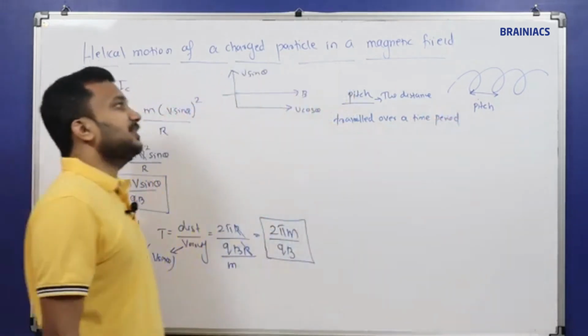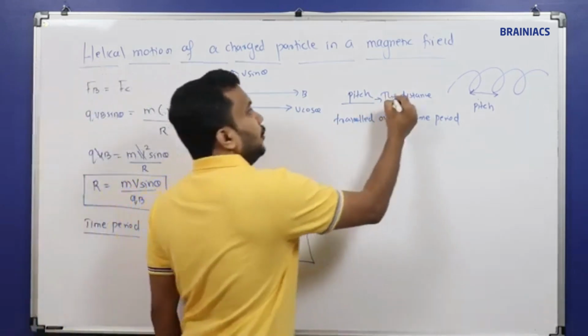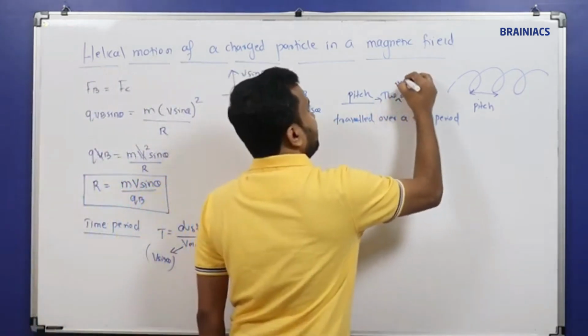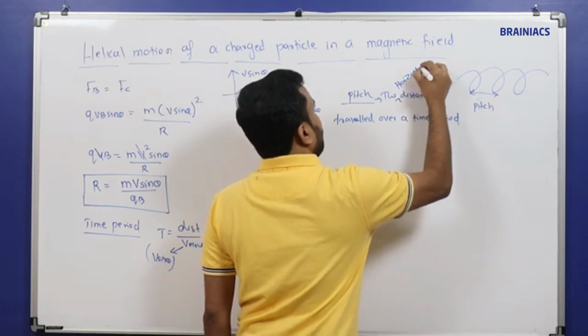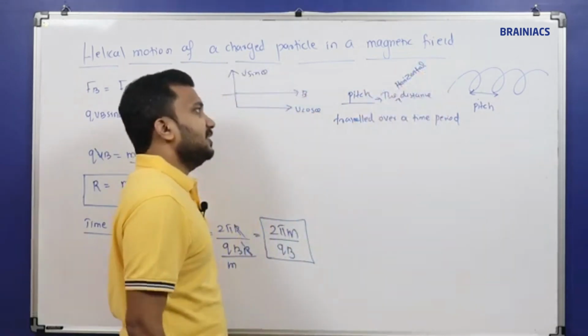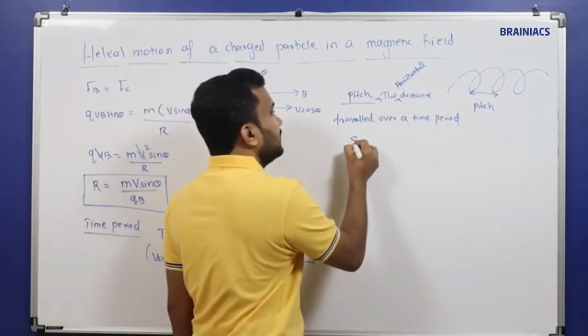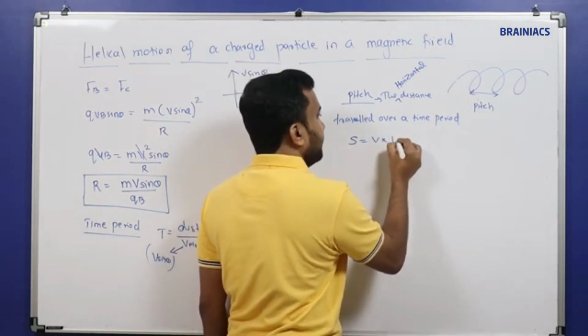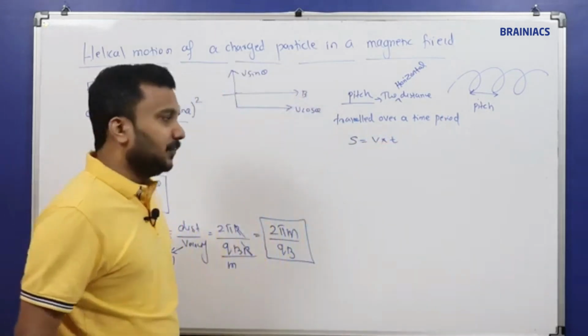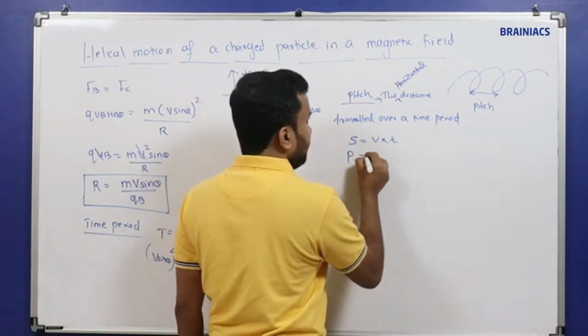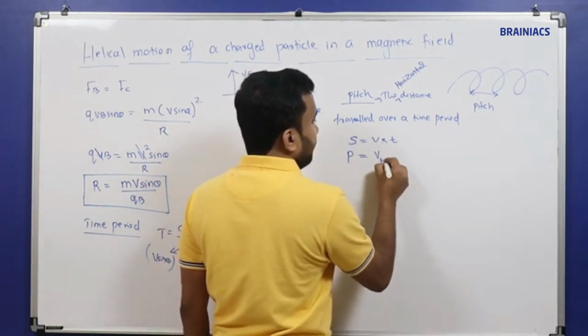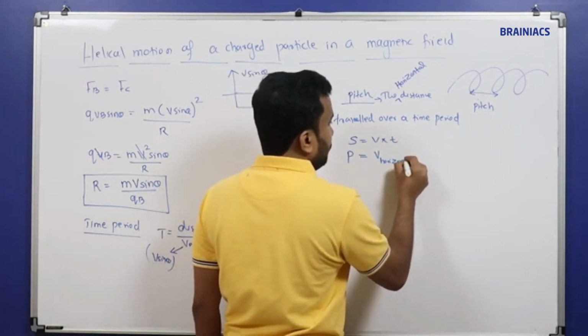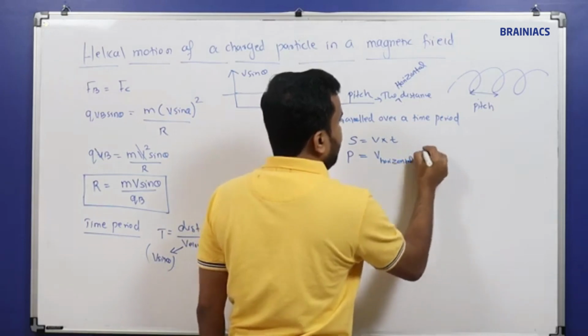This is called the horizontal distance. We can say the horizontal distance specifically. So it is nothing but the distance. We know distance is equal to velocity into time from one dimensional motion, and this distance is called the pitch, and this is the horizontal velocity into time period.